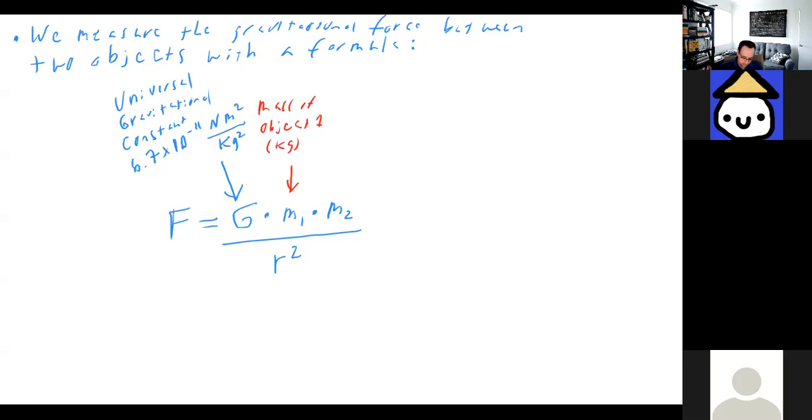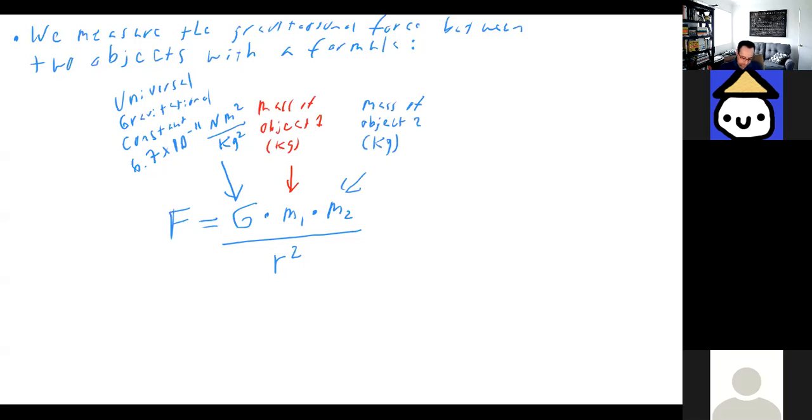And then this guy over here is the mass of object 2, also in kilograms.